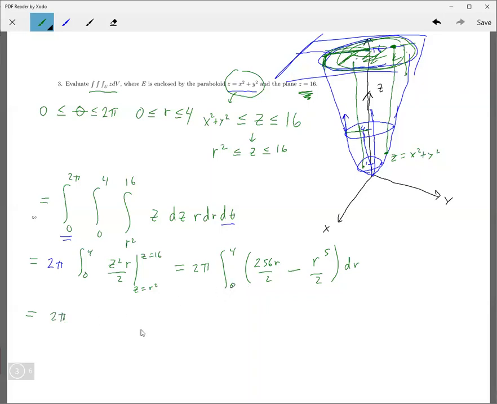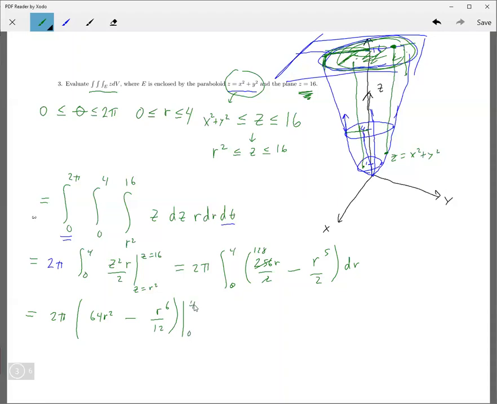Then you integrate with respect to r, from 0 to 4. 256 over 2 is 128. Integrating this, you get 64 r squared, because you have the over 2, and then r to the 6th over 12.